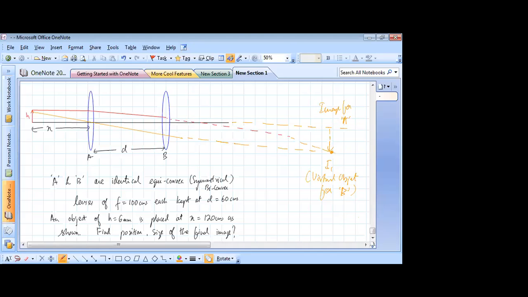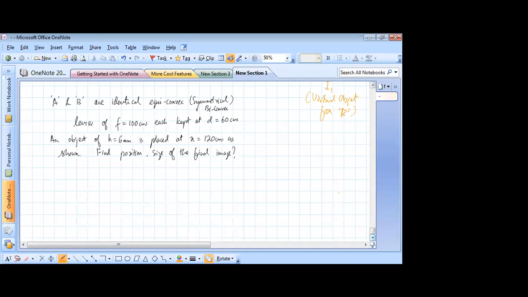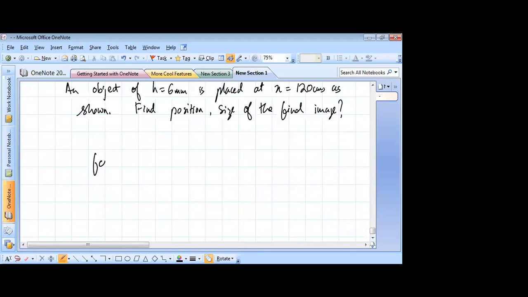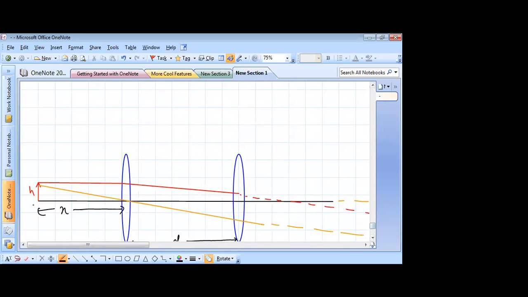So first let's find that image position. For the first refraction, lens A and object PQ, let's say. So this is PQ.